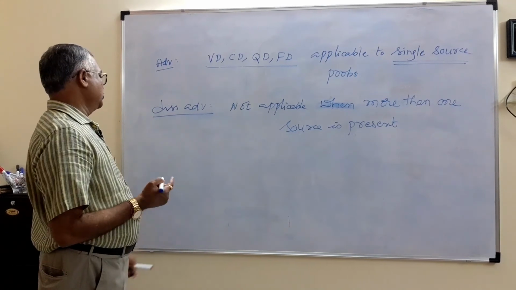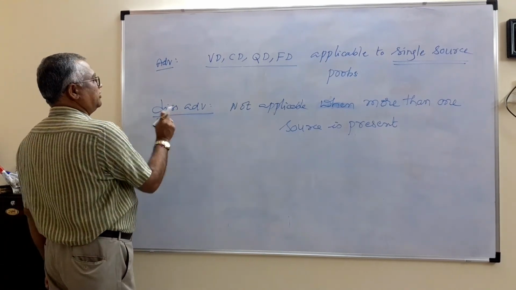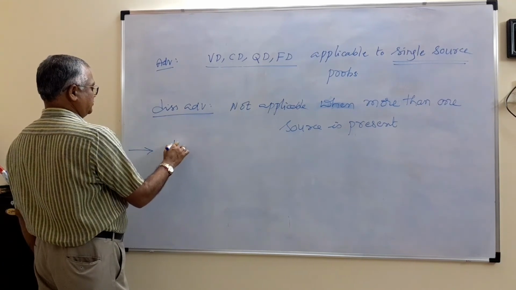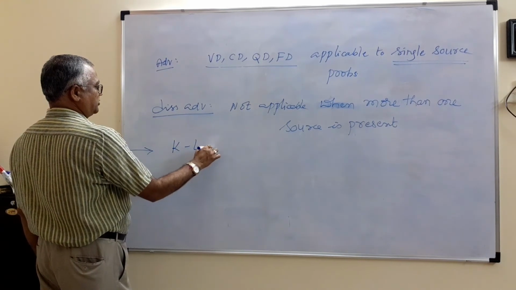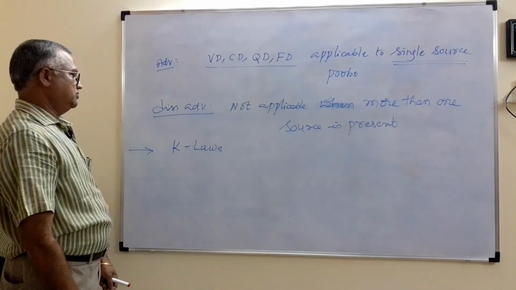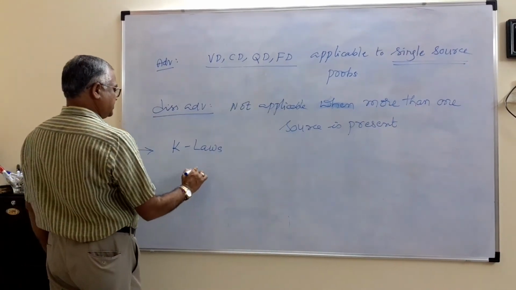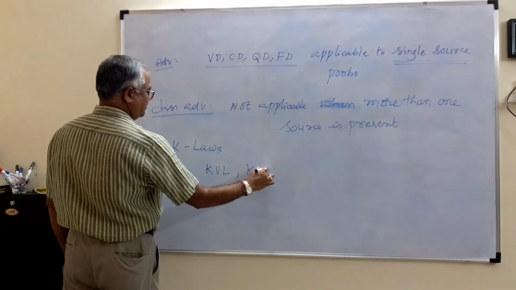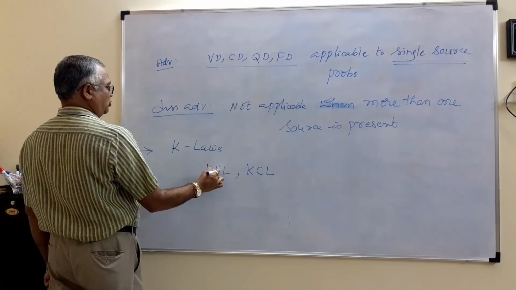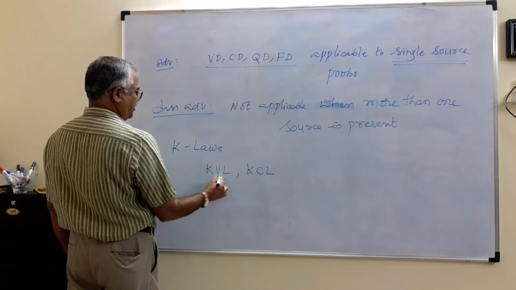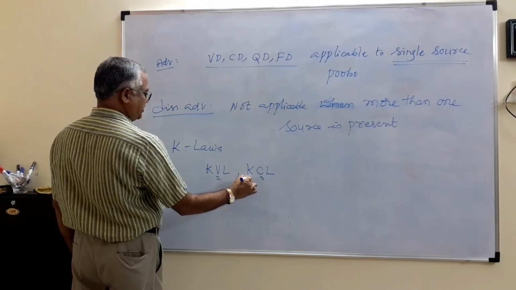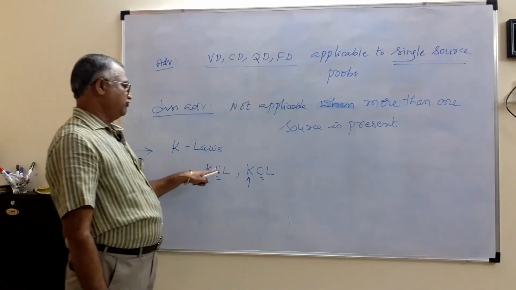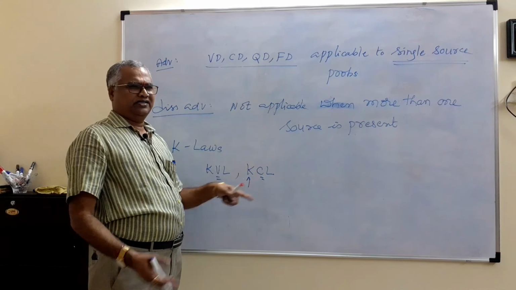If more than one source is there, this disadvantage is eliminated using Kirchhoff laws. There are two laws: Kirchhoff voltage law, KVL, and Kirchhoff current law, KCL. The concept was already explained; now I am using another tag, Kirchhoff.